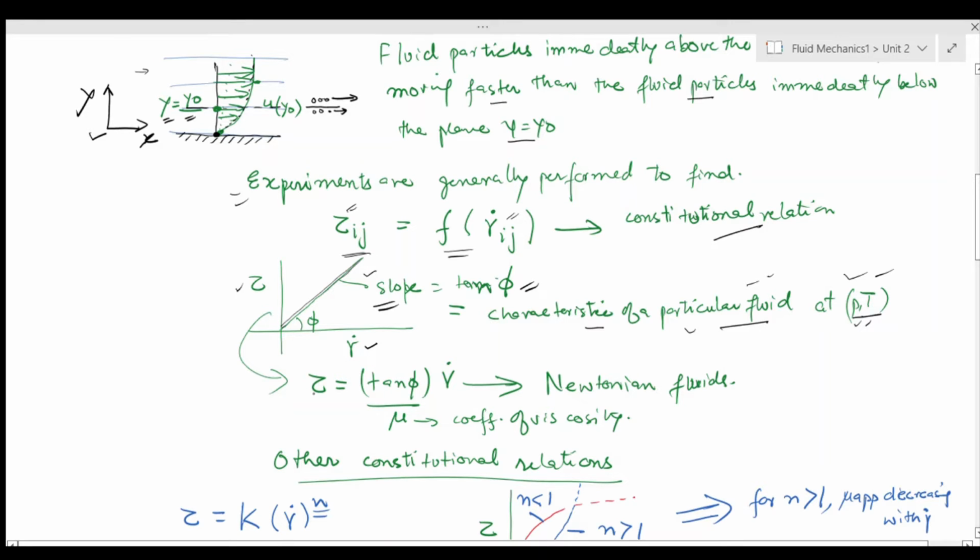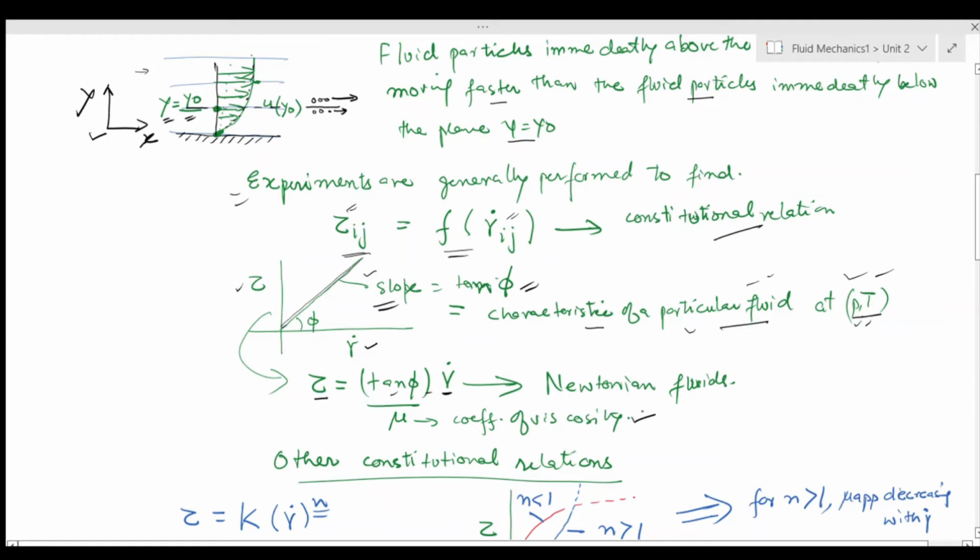From this curve, I can find the relation and say that tau is equal to tan phi times gamma dot. This is for Newtonian fluids, where tan phi is nothing but the coefficient of viscosity.